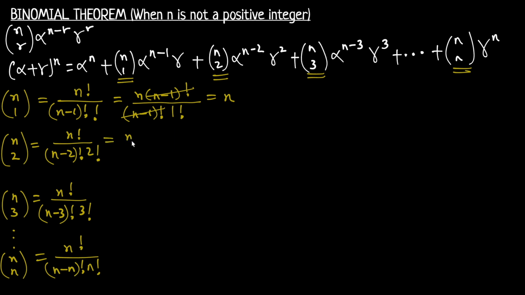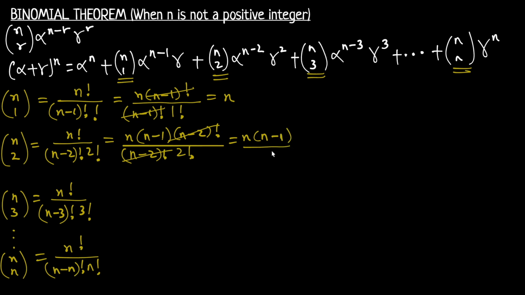Now for this, it's going to be n times n minus 1 times n minus 2 factorial divided by n minus 2 factorial 2 factorial. Now this divides this, and we'll be left with n times n minus 1 over 2 factorial. Now this is n times n minus 1 divided by 2, because 2 factorial is 2 times 1.